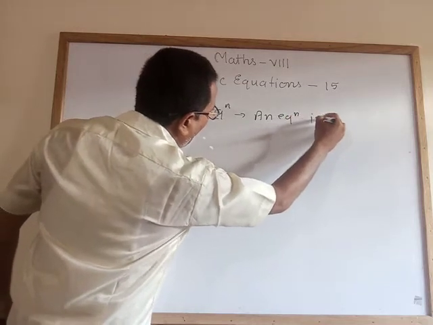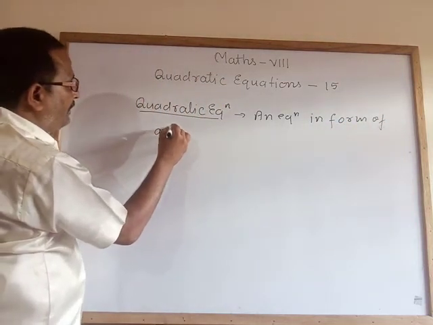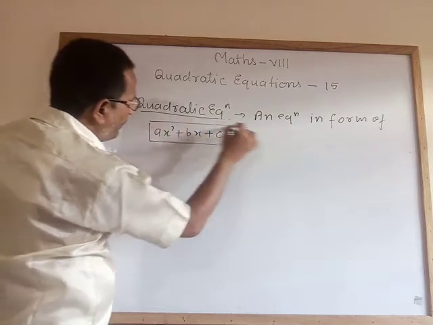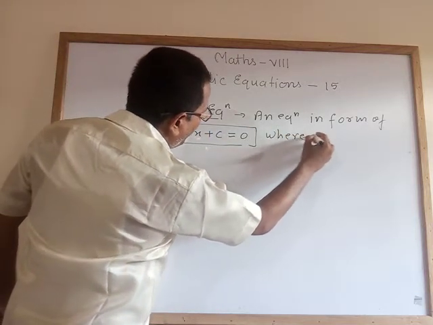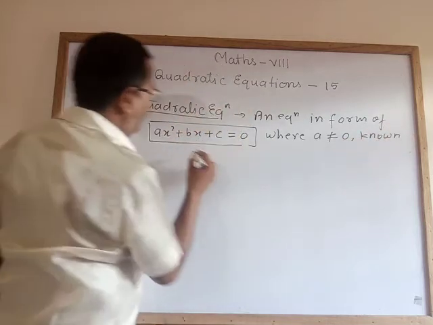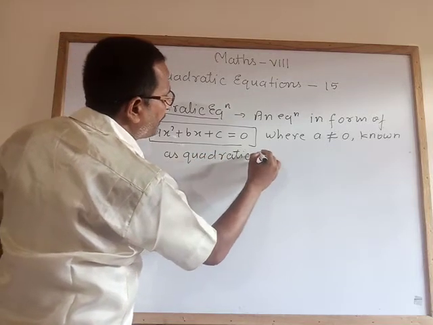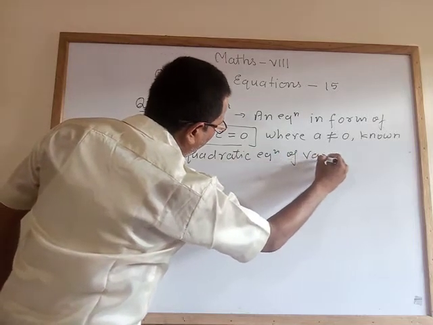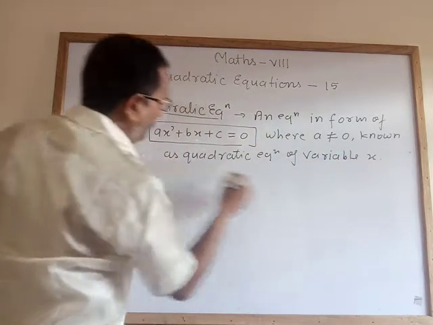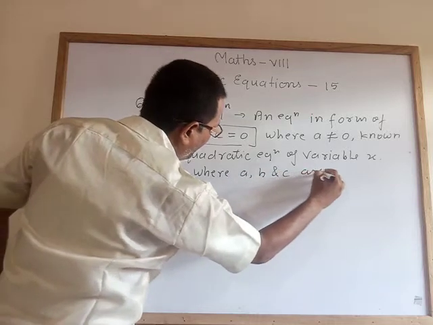See that, an equation in the form of ax square plus bx plus c is equal to 0, where a is not equal to 0, is known as a quadratic equation of variable x, where a, b and c are constants.